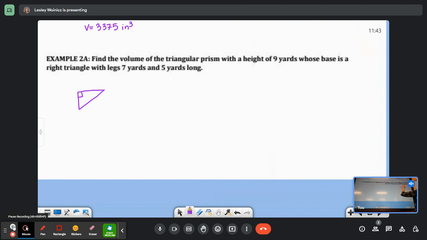Okay, so let's make this a 7 and this a 5. It's a triangular prism, so that means that we'll have two bases and they're both triangles. Oh my gosh, I'm not good at drawing this, guys.